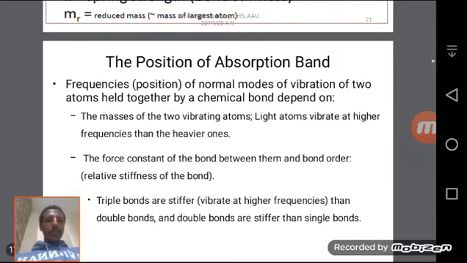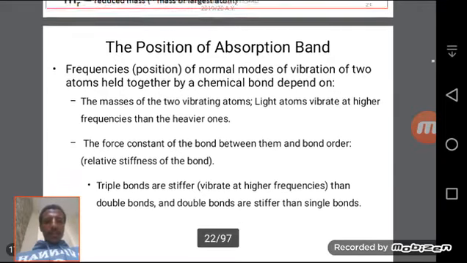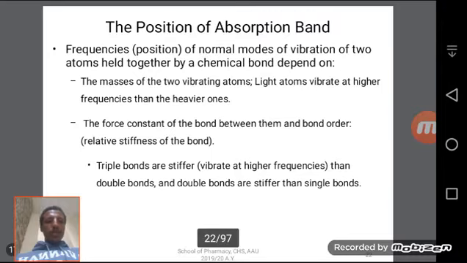Light atoms vibrate at a higher frequency than the heavier ones because frequency is directly related to the force constant and inversely related to the mass of the interacting atoms. It also depends on the force constant of the bond between them and the bond order. That means the relative stiffness of the bond.